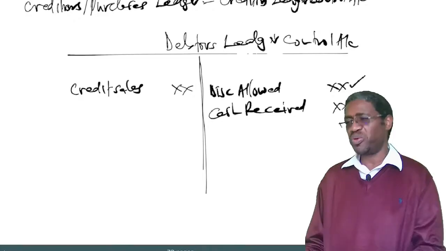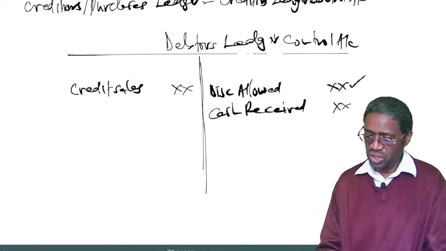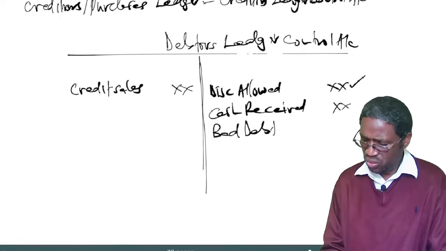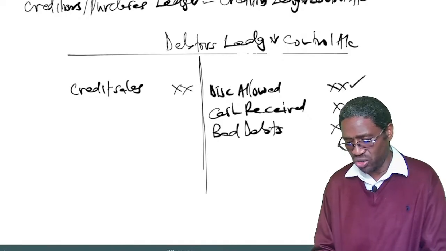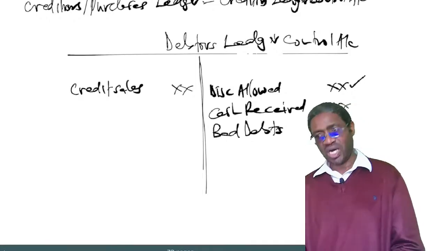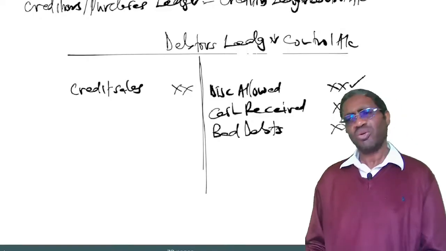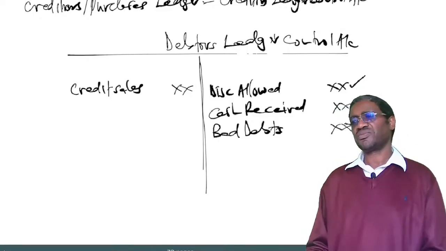Now that he can't pay you, you must credit his debtors account. Therefore, the same thing with all the bad debts written off. You will also come and credit the total of the bad debts in the control account. Good. What other transactions are normally recorded in the debtors account? Another one.